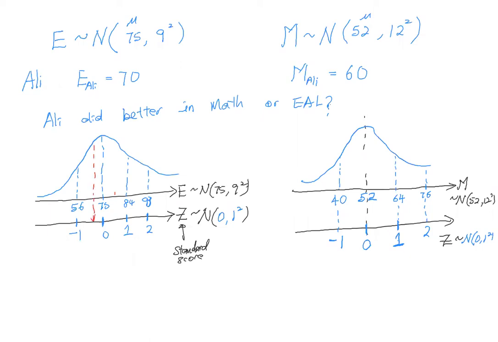So Ali's standard score for EAL is between -1 and 0. But Ali's standard score for math, 60, is here, between 0 and 1. So which standard score is higher? Math. So Ali performed better in maths.